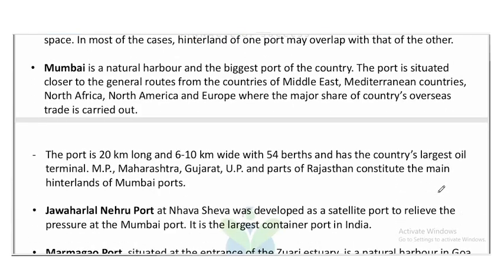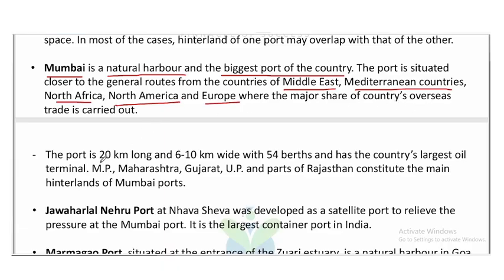The second one is Mumbai. Mumbai is a natural harbour and the biggest port of the country. The port is situated closer to the general routes from the countries of the Middle East, Mediterranean countries, North Africa, North America and Europe, where the major share of the country's overseas trade is carried out.